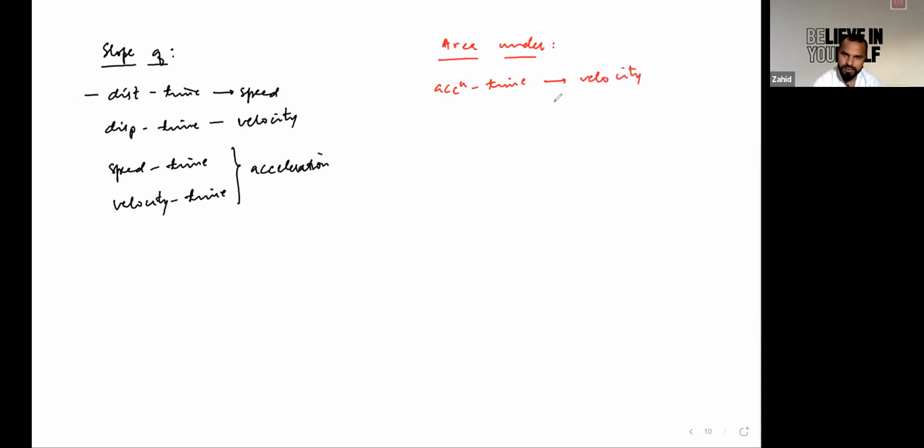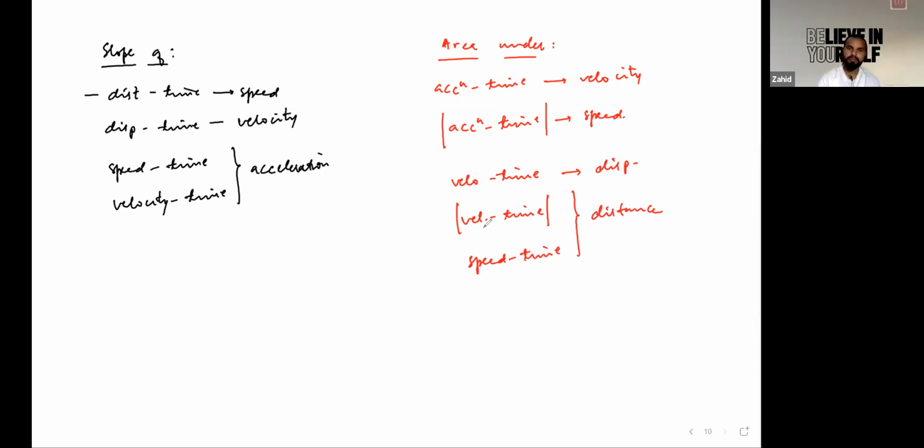But if you take mod of it, next, velocity versus time will be displacement. But if you take mod of it, speed versus time, these two terms will define distance.